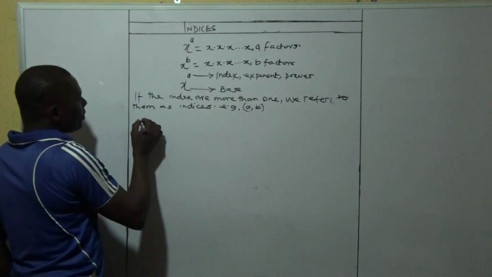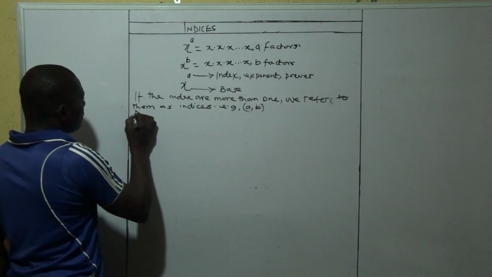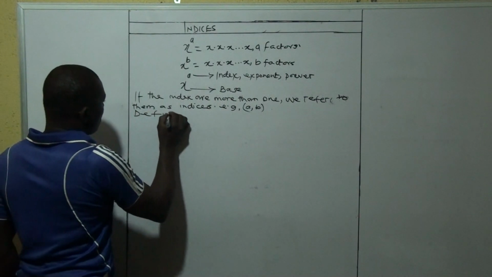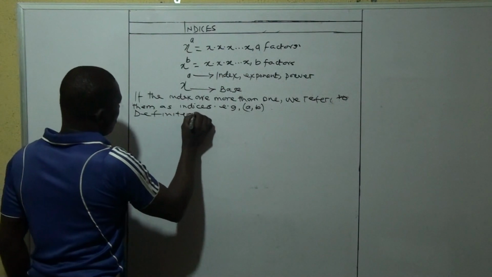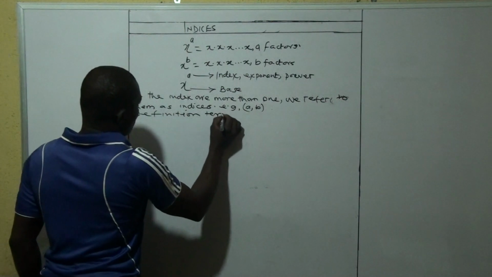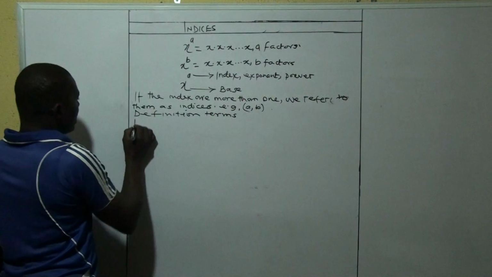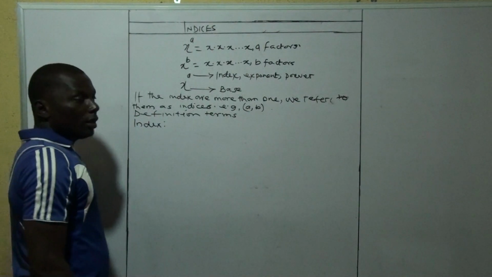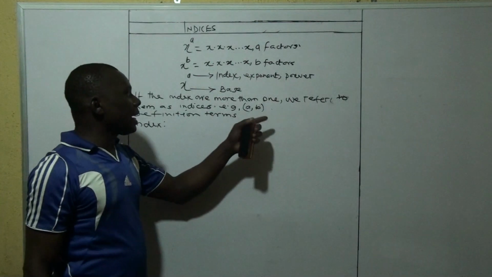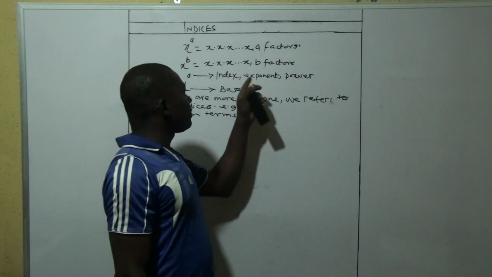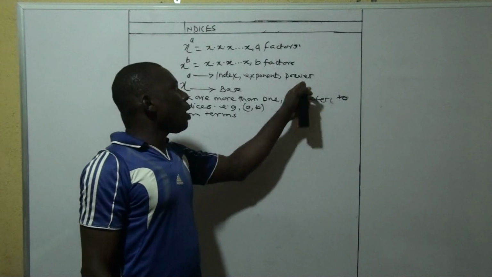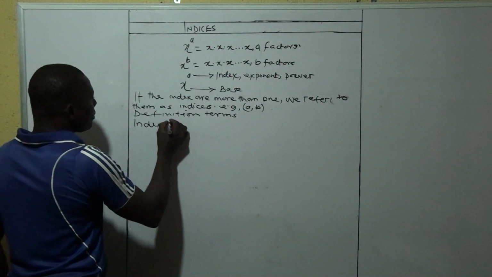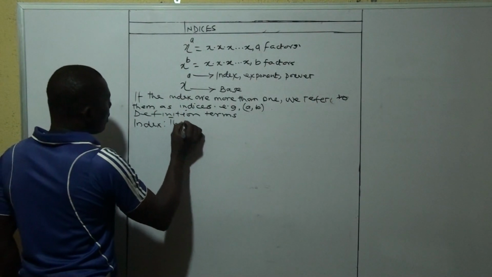Then let's look at some definition of terms. Like I said, index, another word for index is exponent or power.